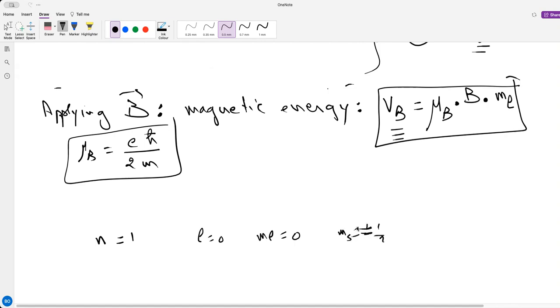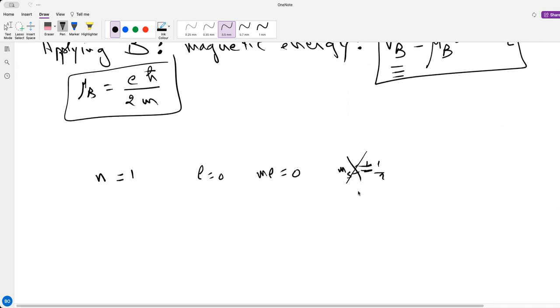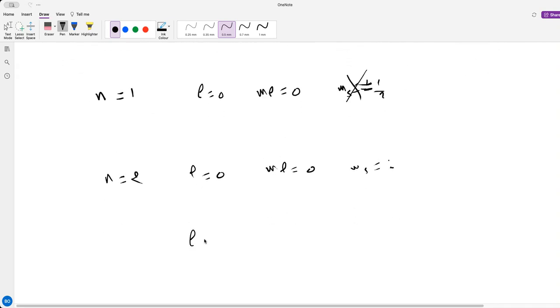You can easily see that MS will not be included for the moment for the energy. N equal 2. Again, L equal 0, ML equal 0, and MS again. And L can also be equal 1. ML can be plus 1, 0, minus 1, right? And MS also. But in this case, MS will not affect the energy.